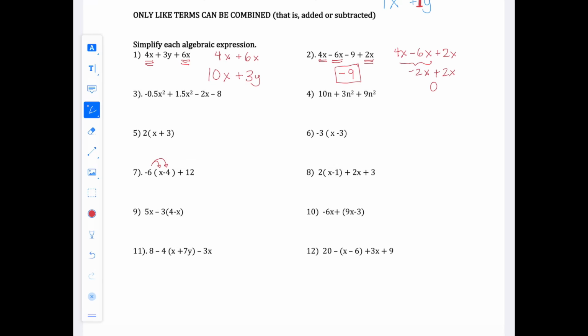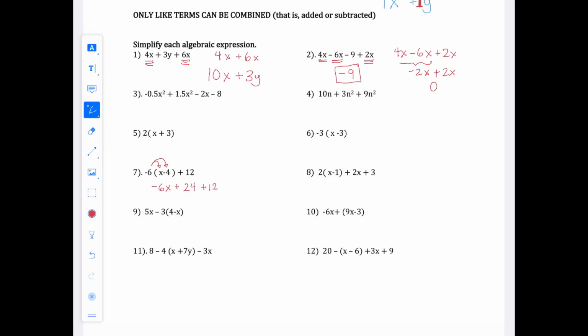So the one thing I want to do is distribute the negative 6 to both terms and then see if I can combine any like terms. If I multiply negative 6 to x, that's negative 6x. If I multiply negative 6 to negative 4, a negative times a negative is a positive, and that leaves us with positive 24. And then I bring down the plus 12.